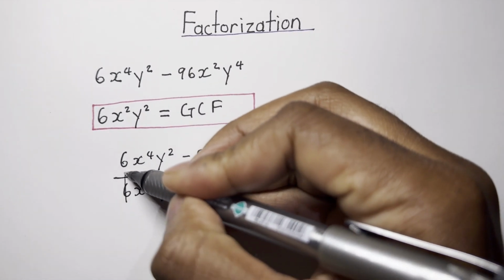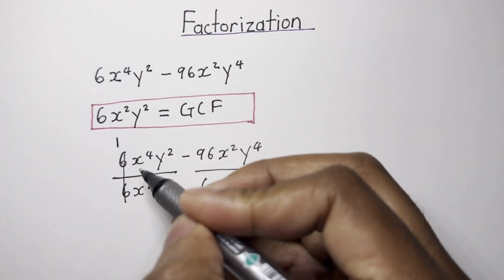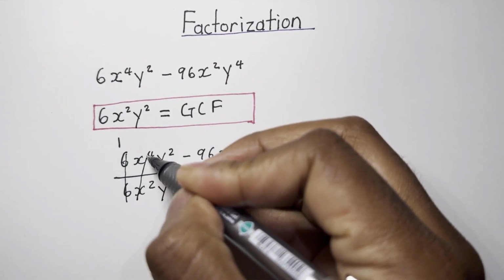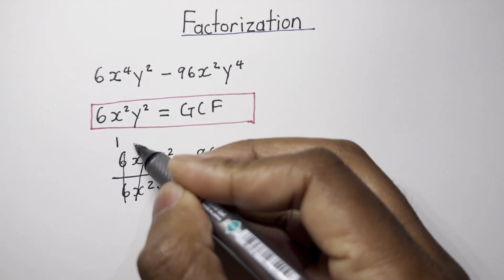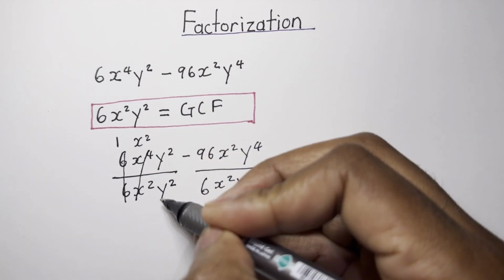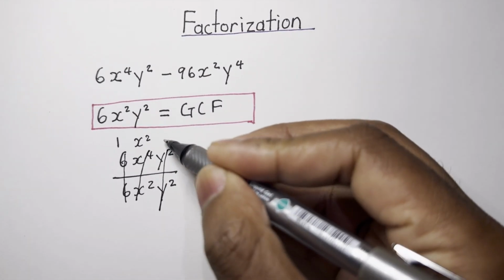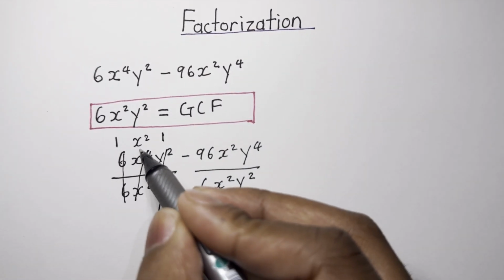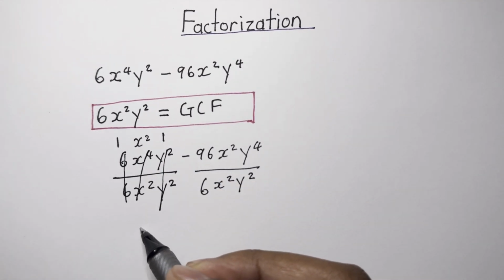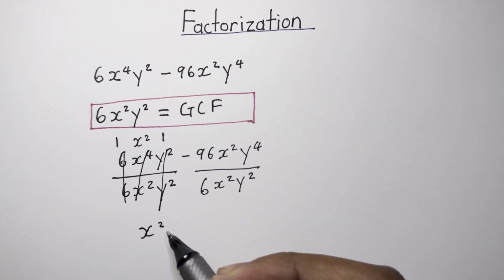Now 6 into 6 goes 1 times. x squared into x to the fourth power gives us x squared. And y squared into y squared is 1. 1 times x squared times 1 gives us x squared.